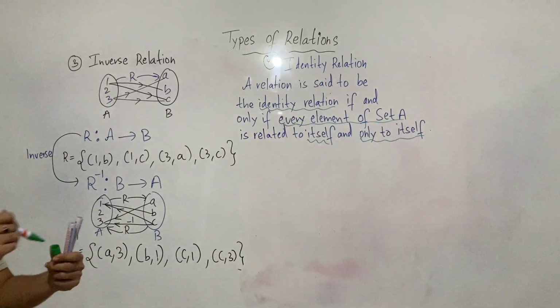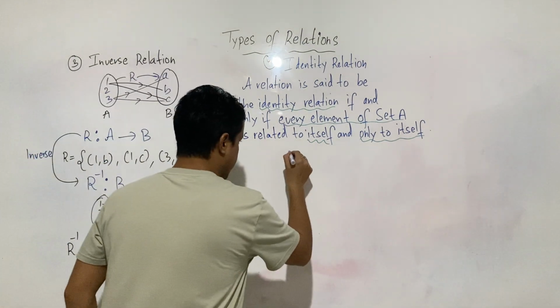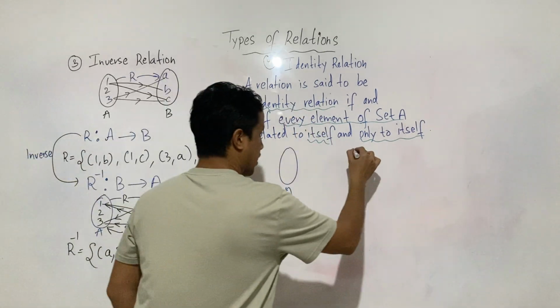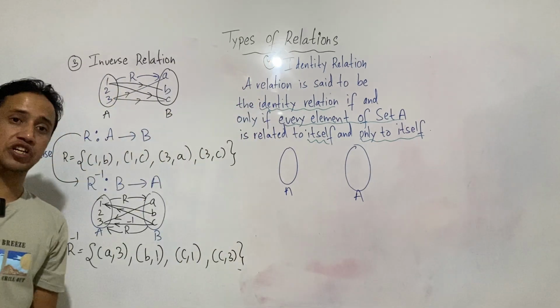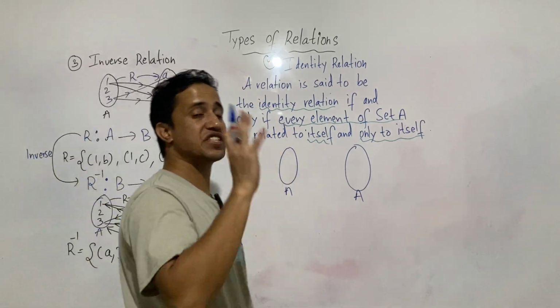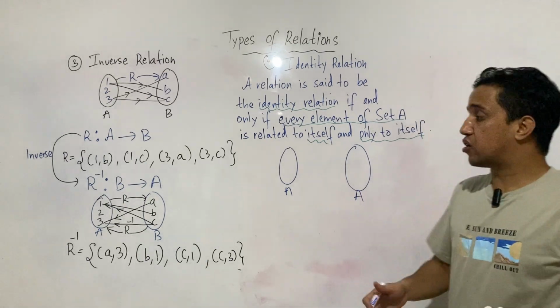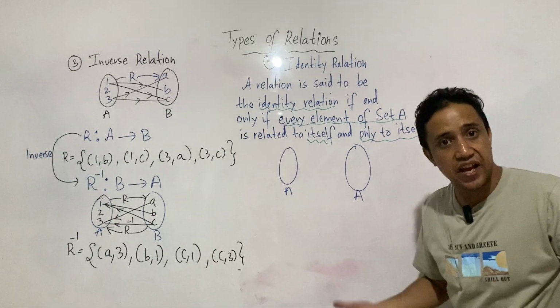Okay, what does it mean? Let's say that I have here set A, and here again set A. Now this type of relation is defined on set A. Because every element must be related to itself, right?